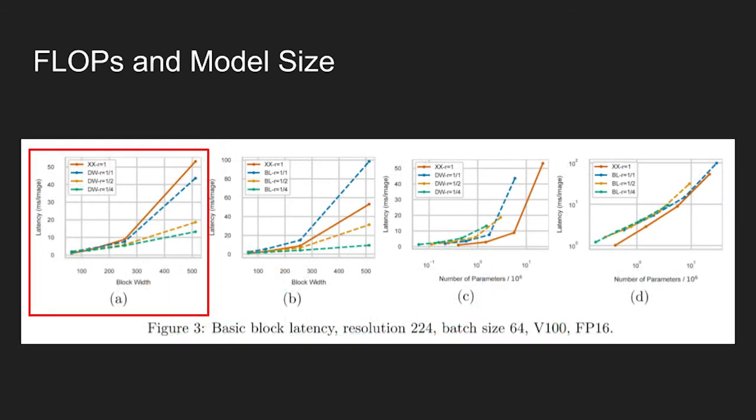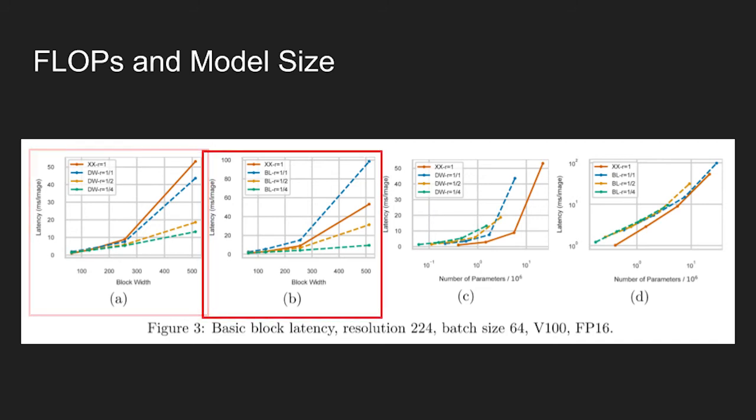In figure 3a, XX block is compared against depthwise block on their various bottleneck ratio and block widths. With smaller ratio, the inference latency of depthwise block is smaller than XX block. Now, XX block is also compared against bottleneck block under the same setting, and this is shown in figure 3b.